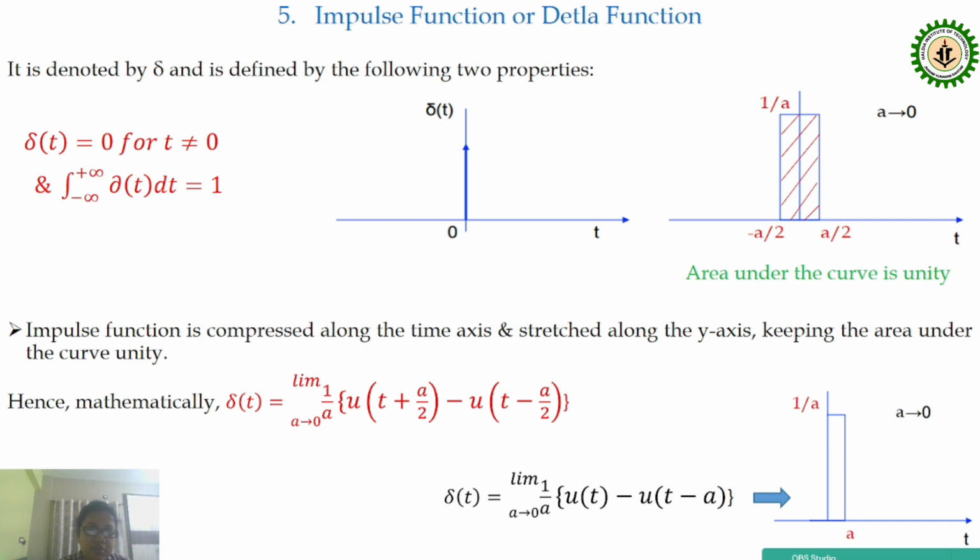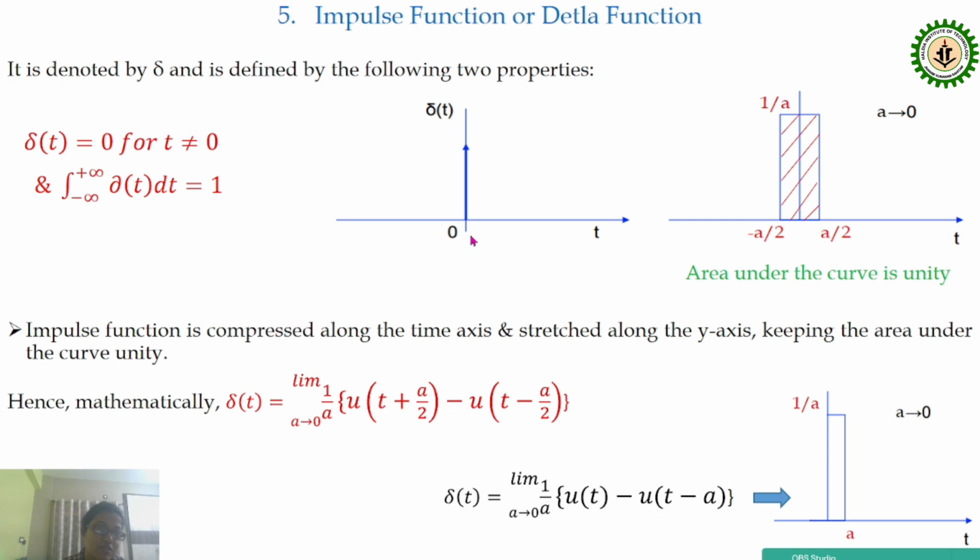Now another signal, which is very important, is the impulse function or delta function. This impulse function is often denoted by the symbol delta, and its definition is that delta t equals 0 for t not equals 0. That means delta t occurs only at t equals 0.